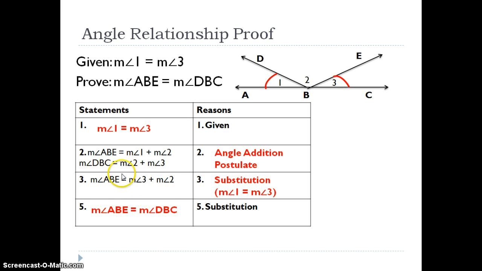Well, here we have the measure of ABE, and here we have the measure of DBC. Do you see how we're adding the same two angles for both of those? The right-hand side of both of these equations is the same, so that means we can set the left-hand sides equal. Since you're adding the same two angles on both of these, that means that these two angles have to be congruent.